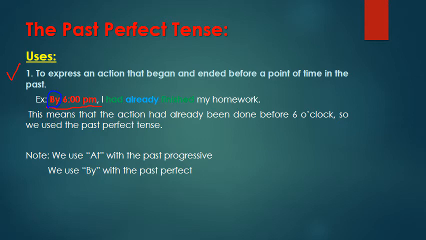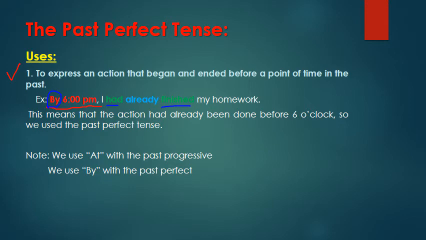By 6 a.m., what had already happened? I had already finished my homework. Had finished, okay? The past perfect is expressed by had plus past participle. I had already finished my homework. Okay, what had you already accomplished? Maybe your mom would ask you, what had you already accomplished before you slept?